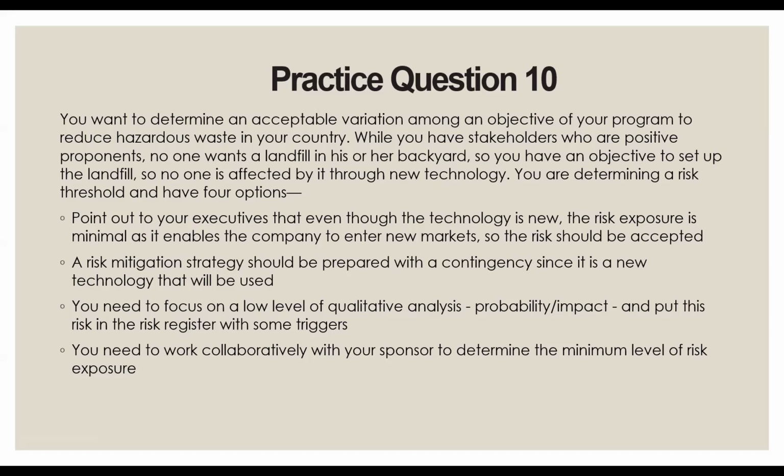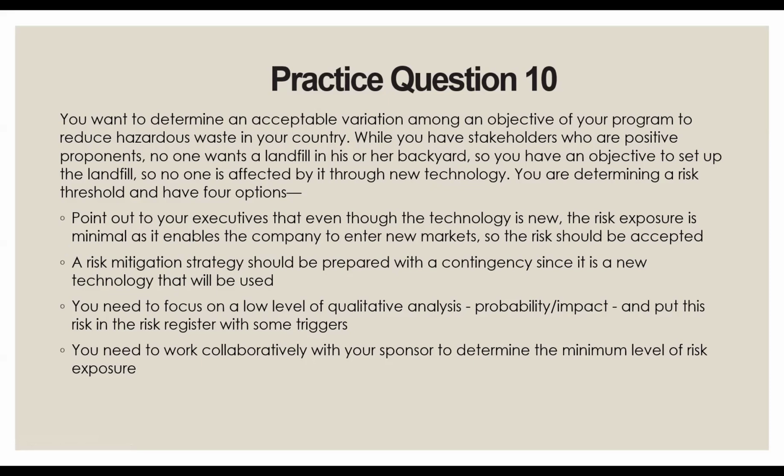So right, you have not reached that level. Now at this point of time, you are developing a risk threshold to understand which risks are acceptable and which are not. So can you revisit the answer, Rafael? If you look at the question, you are determining a risk threshold.